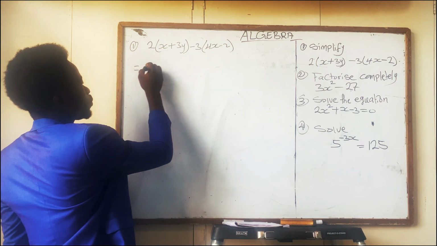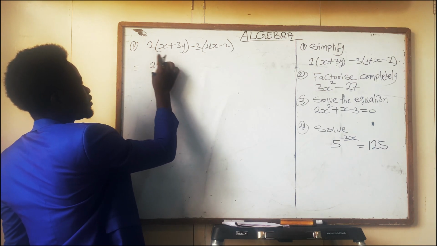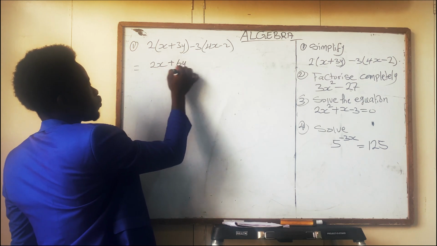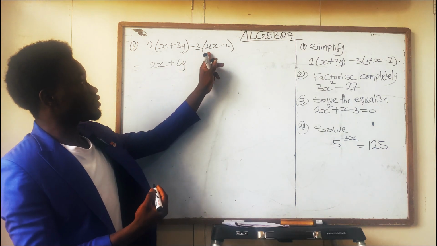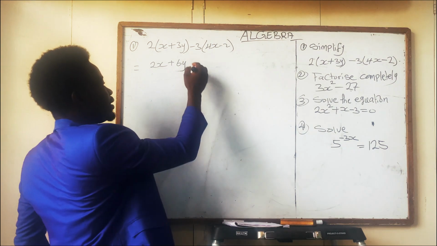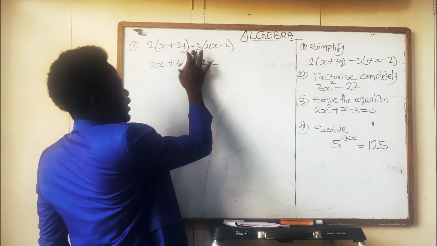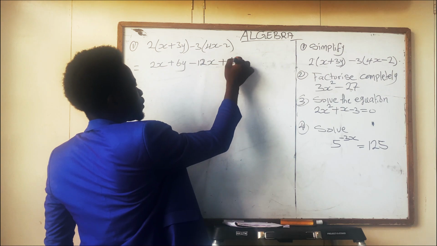So this is equal to 2 times x will give me 2x, and 2 times 3y will give me 6y. Now negative 3 times 4x will give me negative 12x, and negative 3 times negative 2 will give me positive 6.